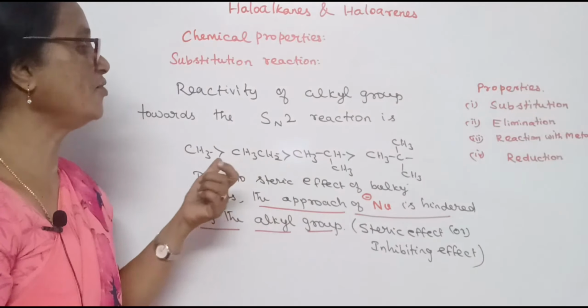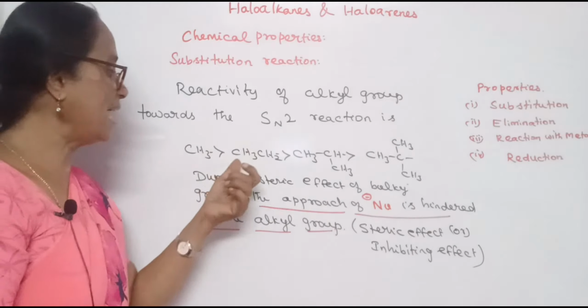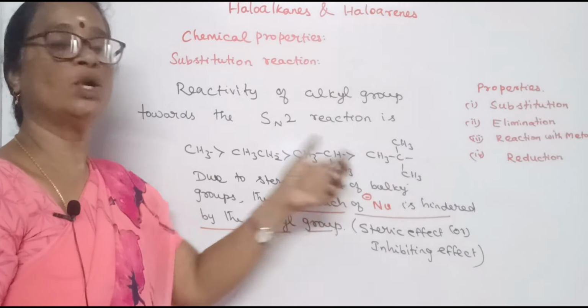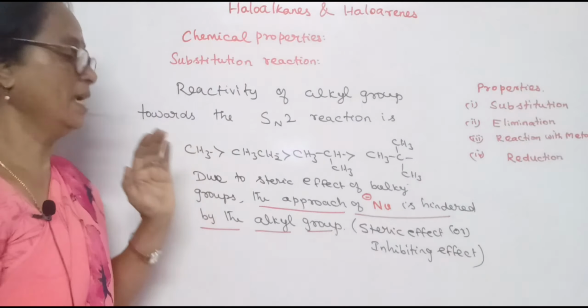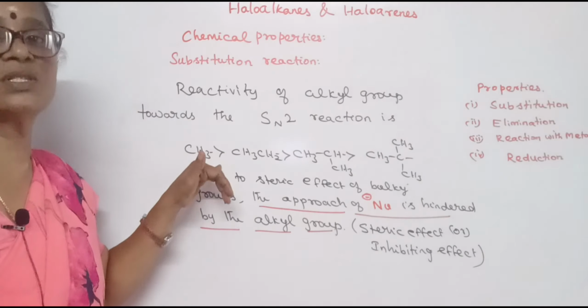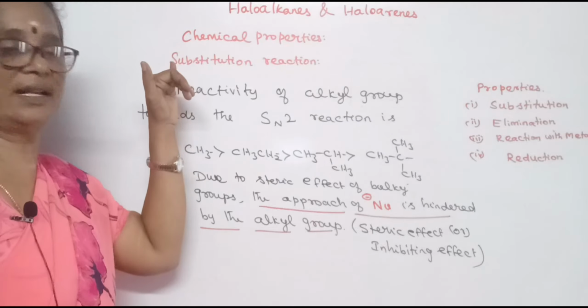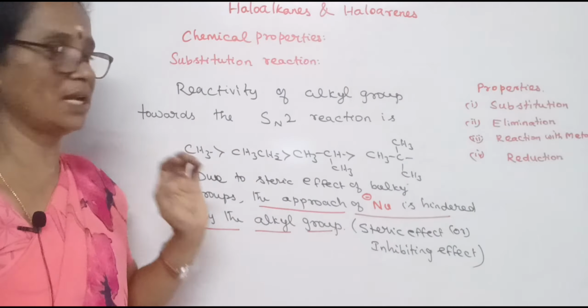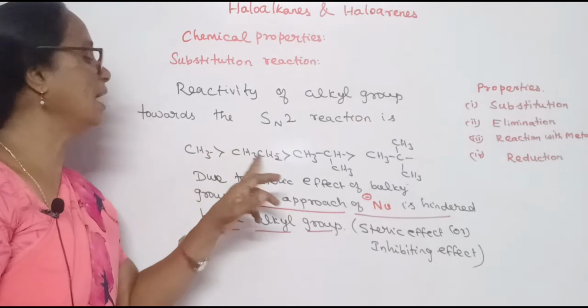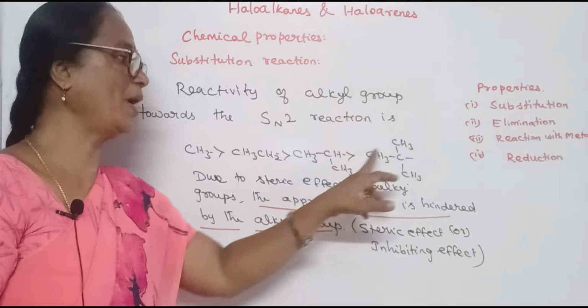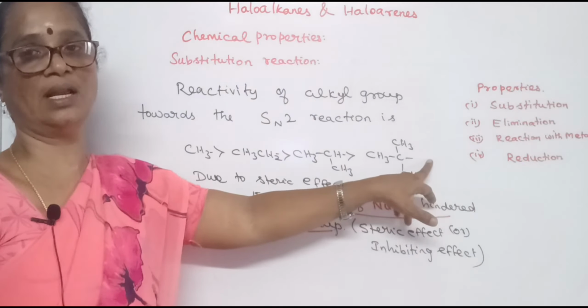So the reactivity of alkyl groups towards the SN2 reaction is that methyl shows much greater reactivity towards substitution than ethyl and isopropyl, and then tertiary butyl.